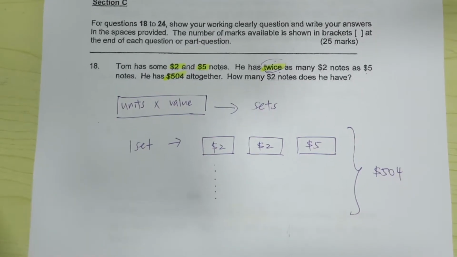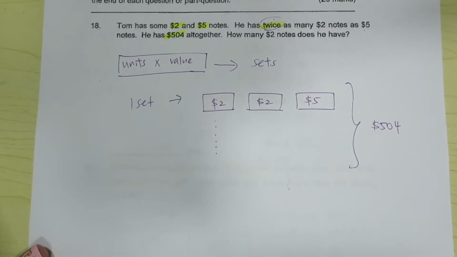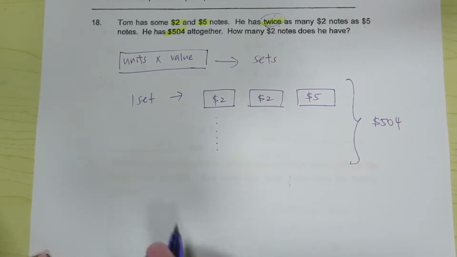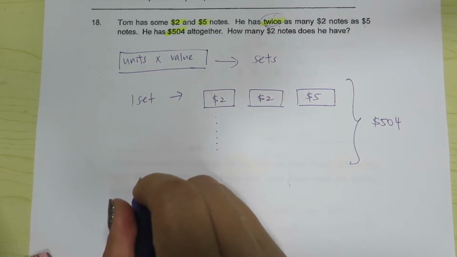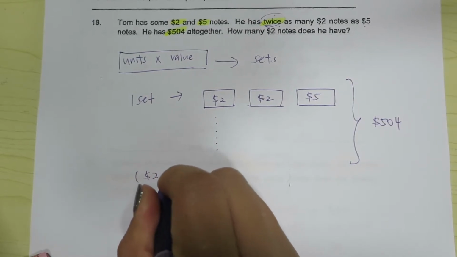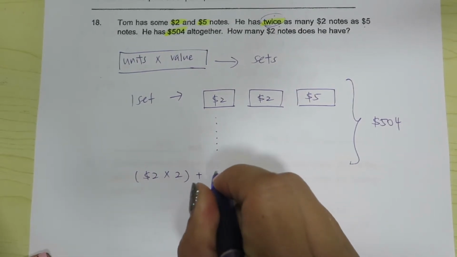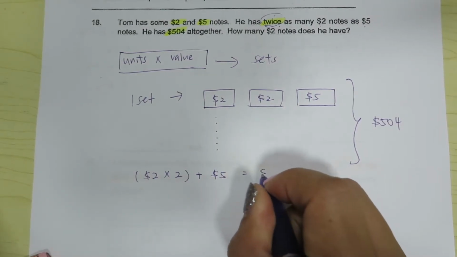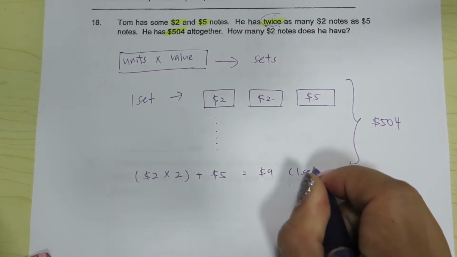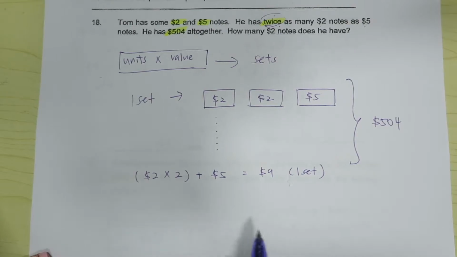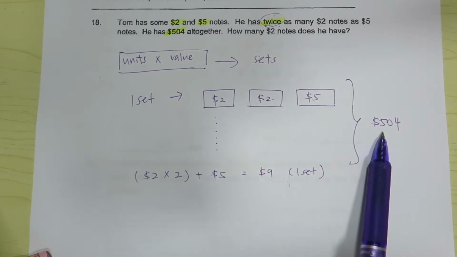Alright? So first thing we need to do is to find out the value in one set. So if you have two $2 notes and one $5 note, total in one set is $9. So you have many sets of these $9. 9 and 9 and 9 and 9 and 9, add everything up, they add up to 504.